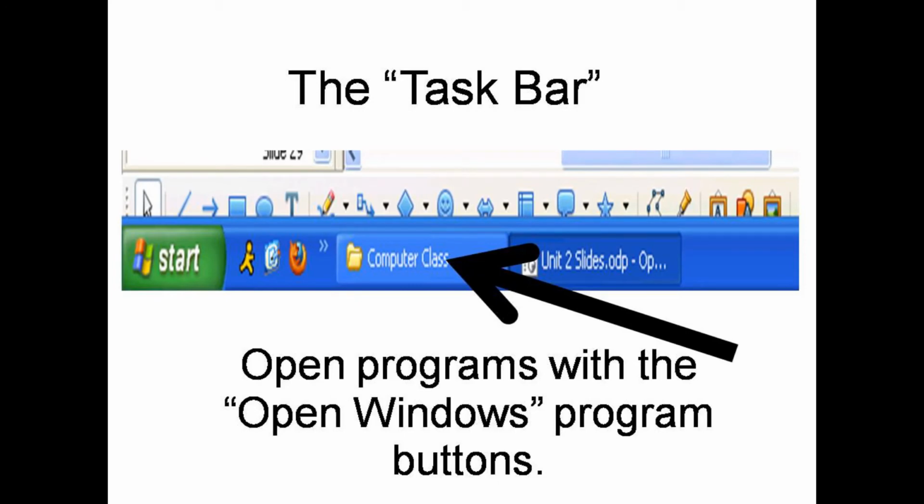When you have a program open, it will have a button on the bottom, and when you have it minimized, it will be on that taskbar as an open program or an open folder, whatever the case may be, and you can select it as you wish.